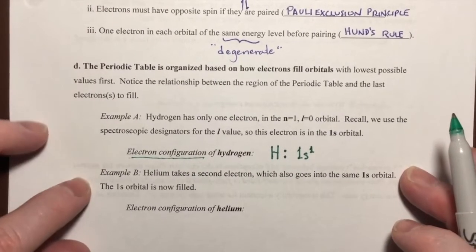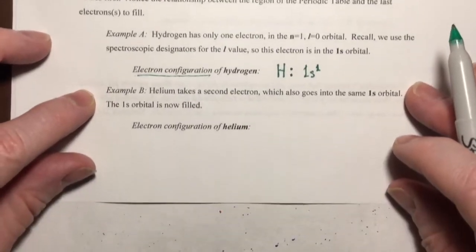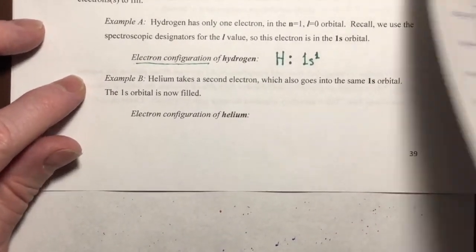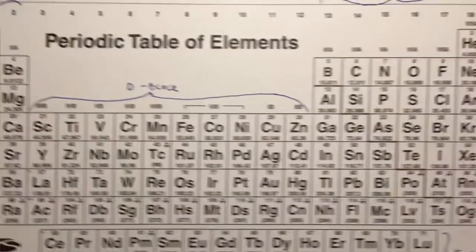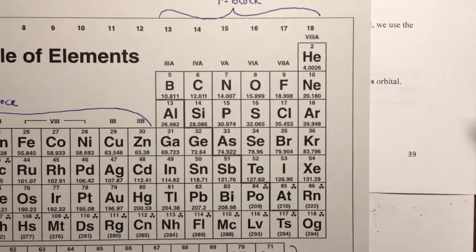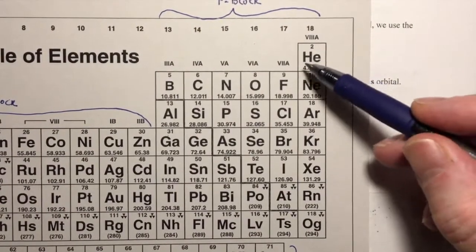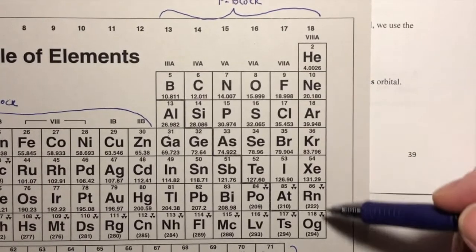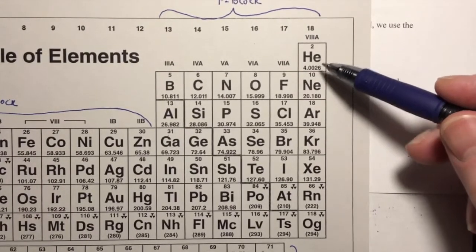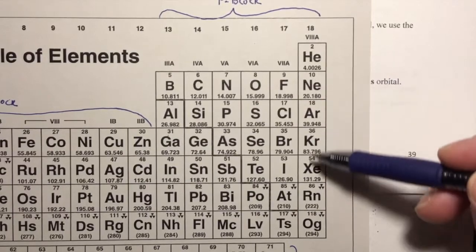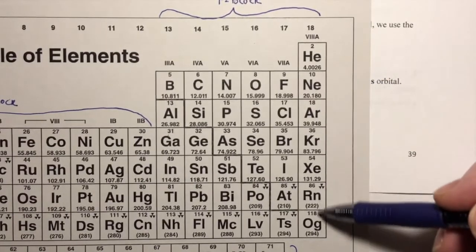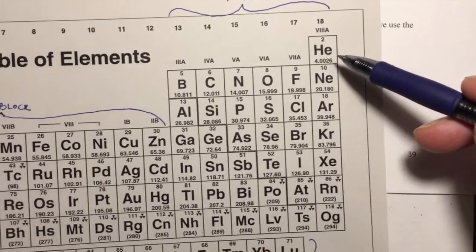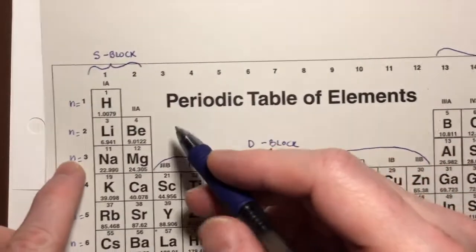Let's move on and deal with helium as the next one. So helium is way over here in the very last column on the periodic table. And it's written there generally because it is a noble gas, and so its chemistry is like the other noble gases. But there's also a good argument for writing helium right here.